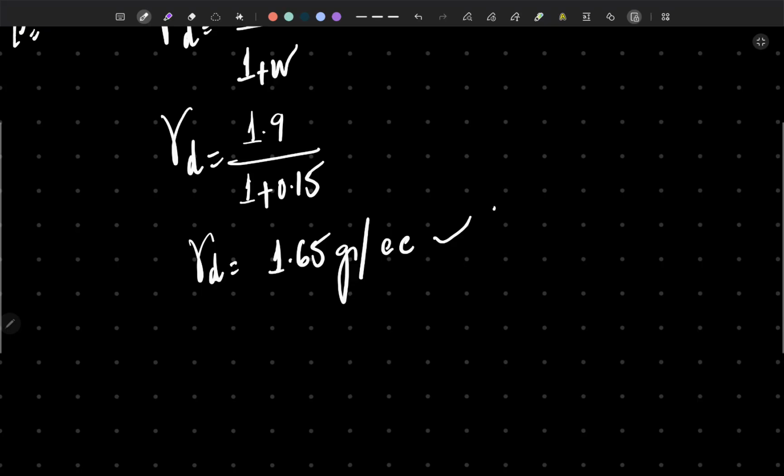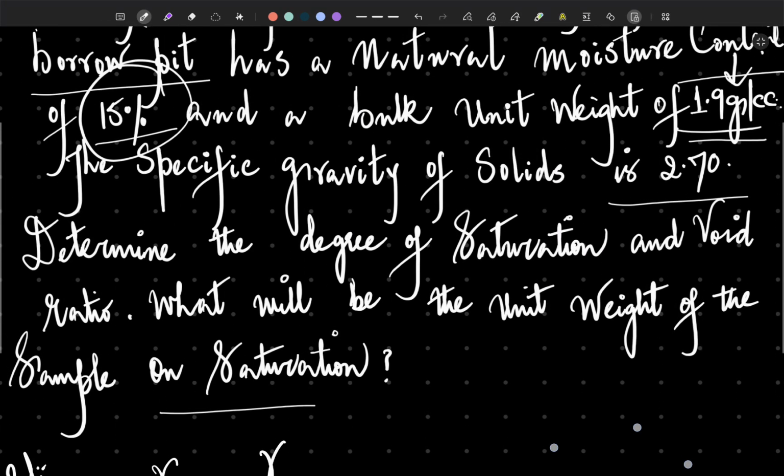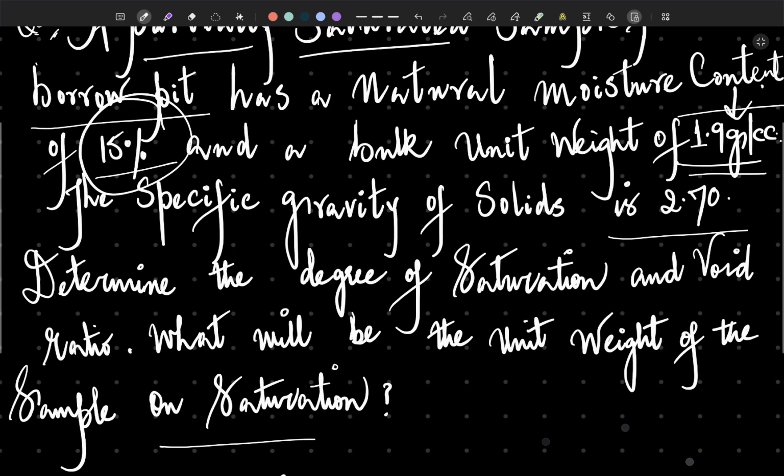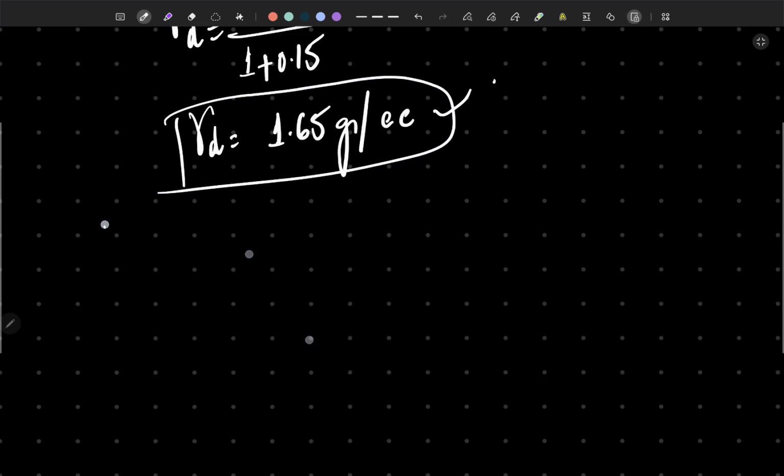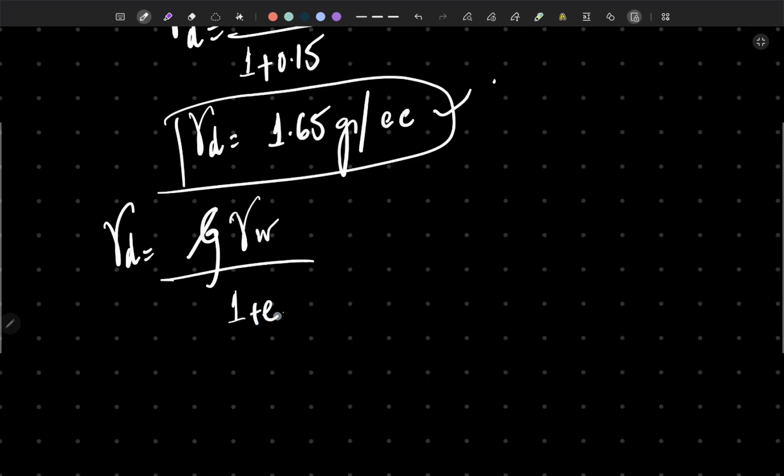All right, I can use the alternate equation and I'll have my void ratio. Let's see what the question says: degree of saturation and void ratio. Let's arrive at void ratio first. I know the dry unit weight. I'll be applying the alternative equation to find this void ratio. Dry unit weight equals G times density of water divided by 1 plus e.